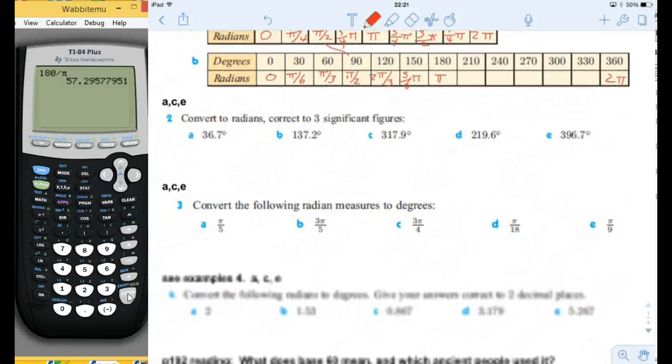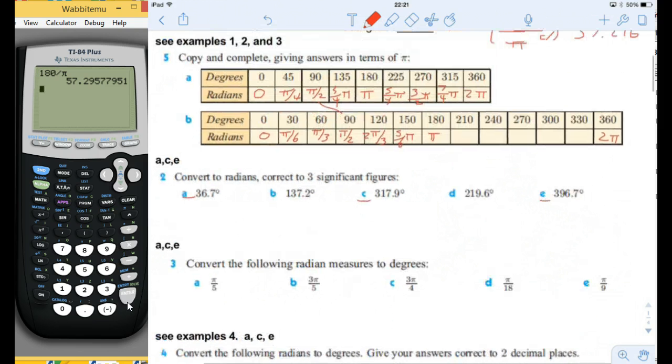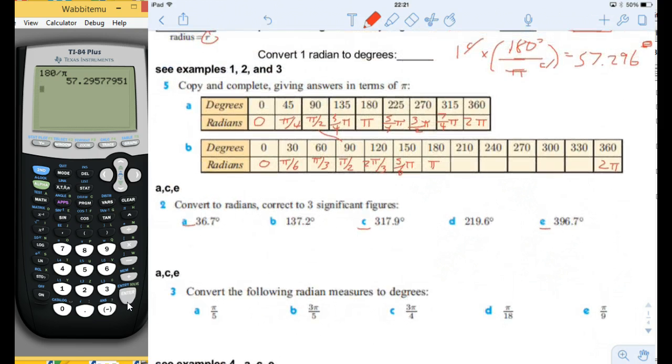Let's see, number 2. Convert to radians, correct to 3 significant figures. Okay, remember that to convert to radians, we need to multiply by a factor. And the factor is going to be 180 degrees on the bottom and pi on top.